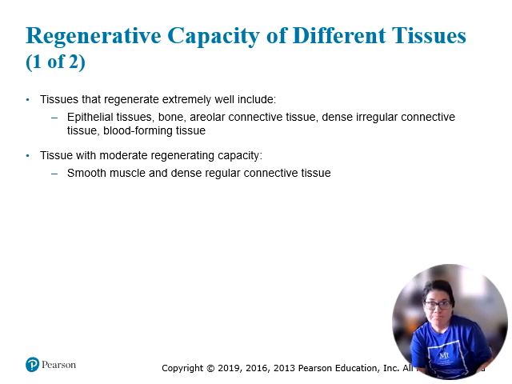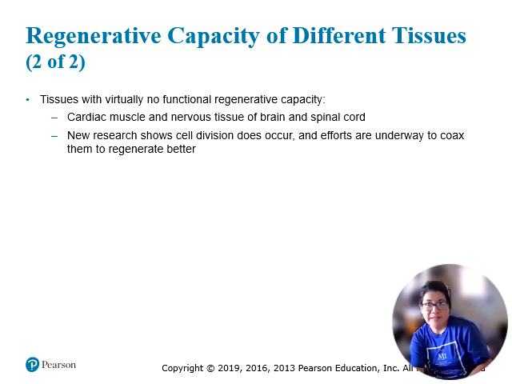Okay, so some tissues are really good at regenerating and healing, and some are really bad at it. So epithelial, bone, areolar, dense irregular, and then blood-forming tissue, those are really good at regenerating. Smooth muscle, dense regular connective tissue are really bad. I mean, not as good. And then some can't really repair at all.